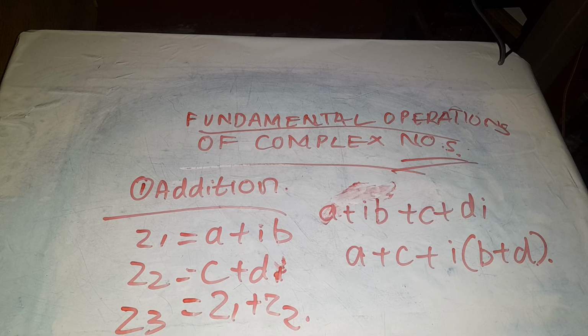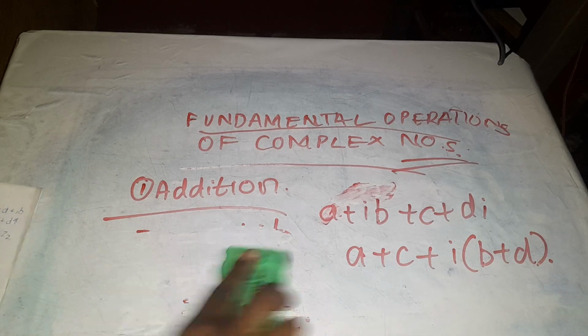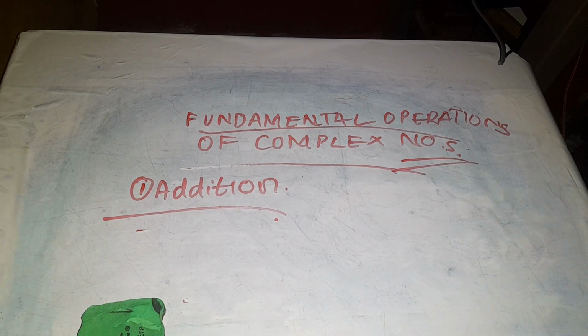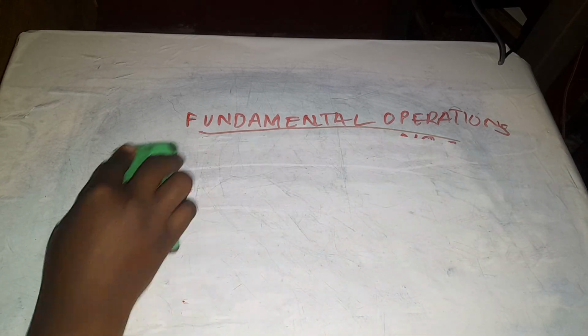Now that is the basic mode of operation. So now let's have a tangible example. We say z1 is equal to a plus ib, z2 is equal to c plus di.